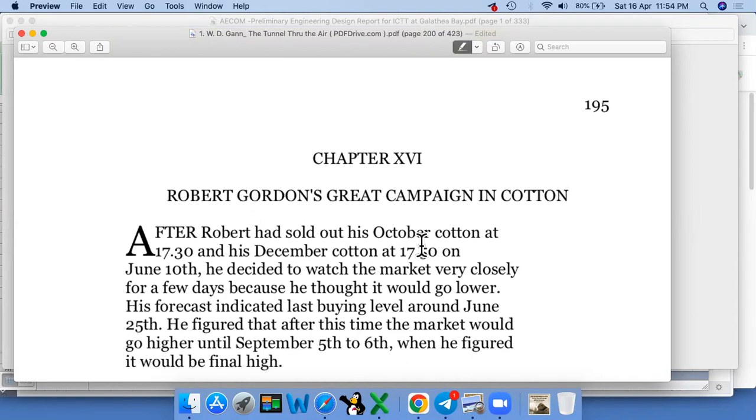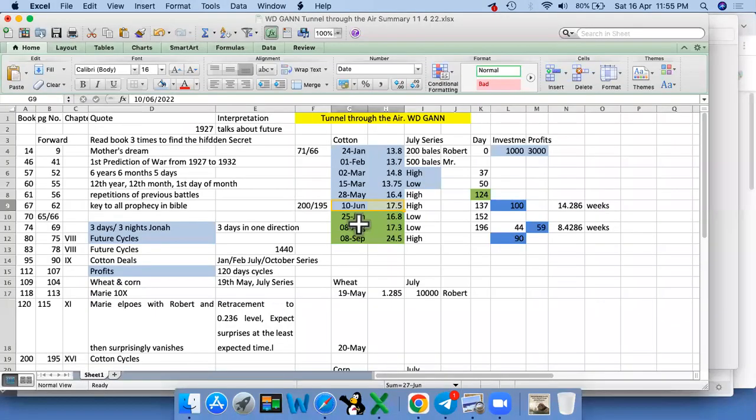So we'll see about this 10th of June. It was a high of 17.5. Now we won't be considering this price which is there, that is not important, but the high which was there of 10th of June, right? So 10th of June makes around what?